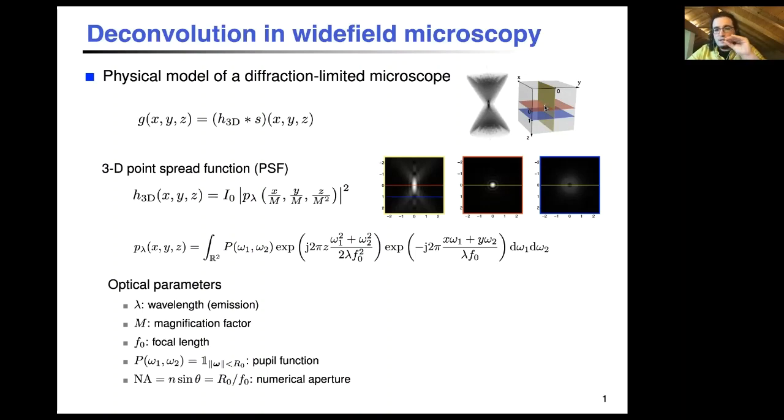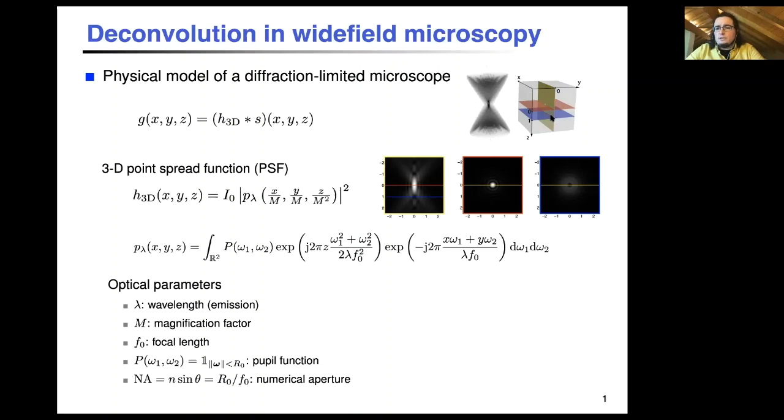If this sample is thin, then you're going to get a 2D effect that we're going to talk about later. But if not, you have to take into account that the PSF spreads through the different Zs. For example, here you can see a cut in the blue plane. You see a cut of the point spread function or impulse response, and you see that it's wider than it was at the red plane, which was the focus plane.